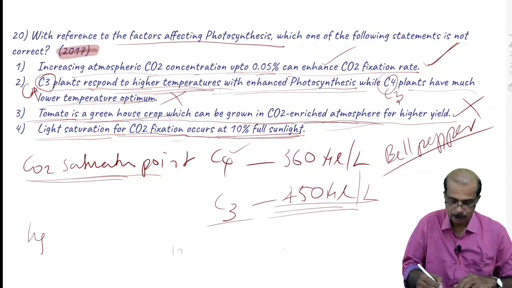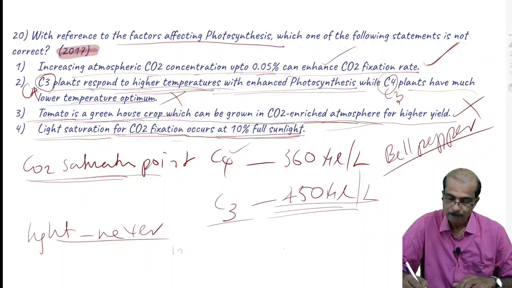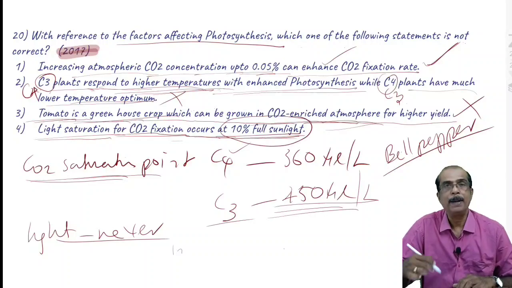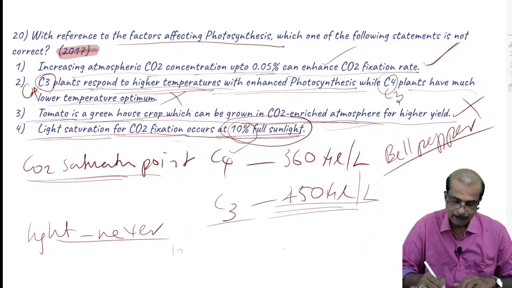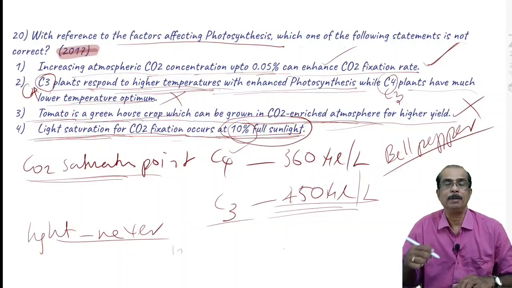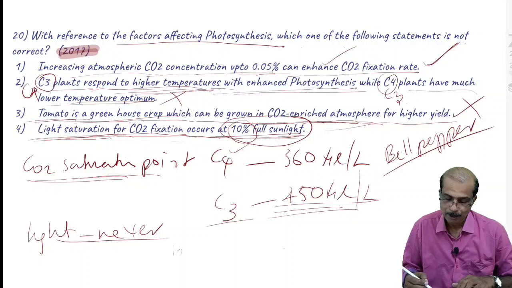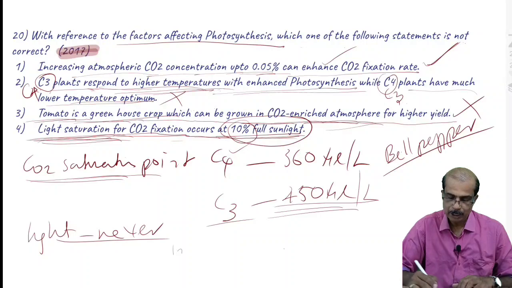In the textbook, it is noted that light is never a limiting factor, because when there is full sunlight and plants absorb 10%, it is enough for optimum photosynthesis, because it is the point of light saturation. The plants cannot absorb the remaining 90% because the limit is over. So the light saturation is at 10% of full sunlight for photosynthesis.